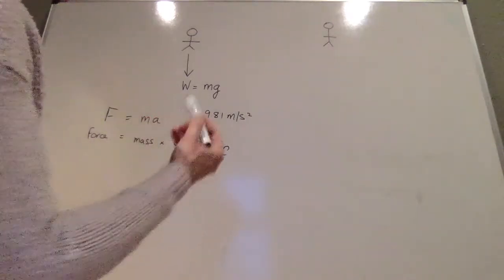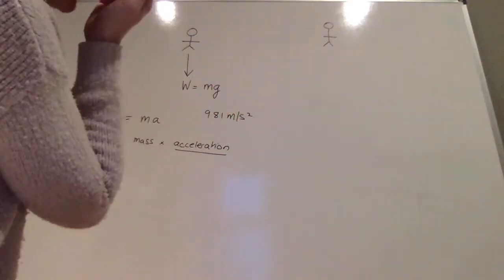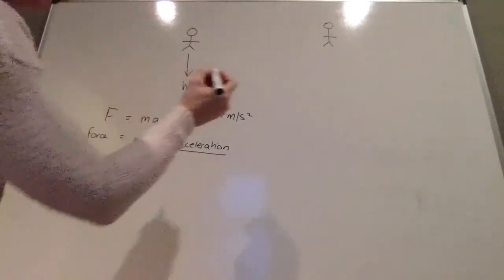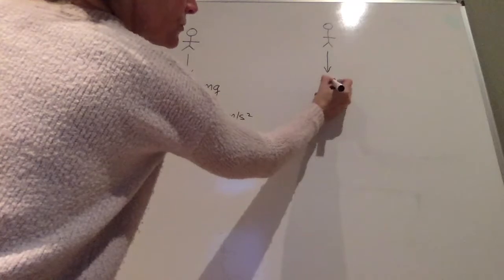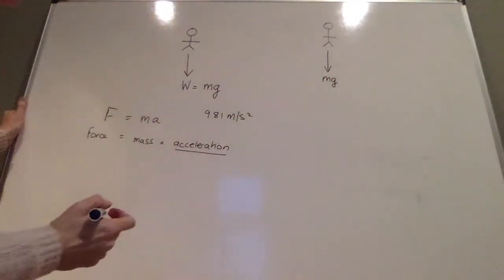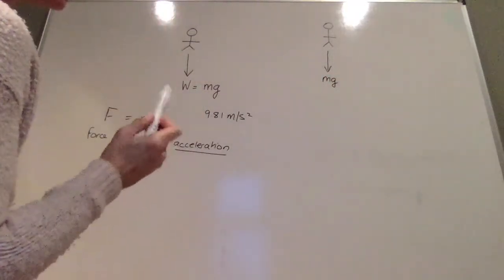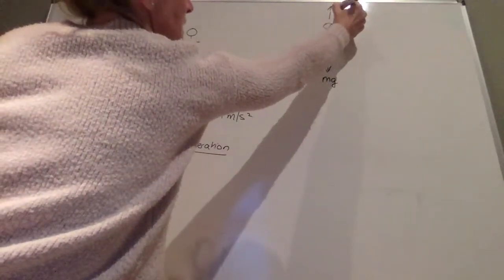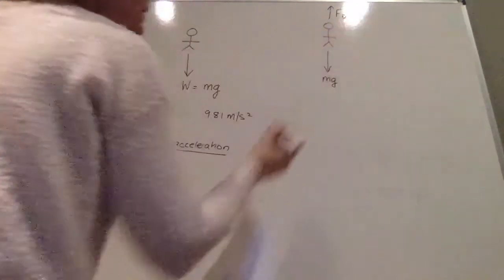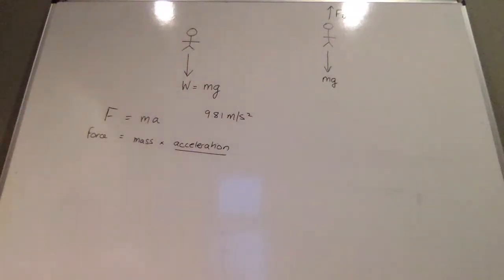It falls from rest, so its initial velocity is 0. Now let's look at the forces. It has a force downwards of its own weight, but it will also have a force upwards, and we will call that force Fd, D being for drag, the drag force on the body.